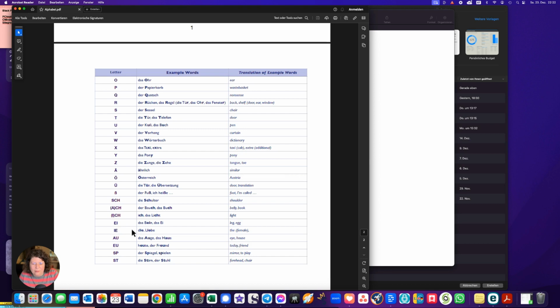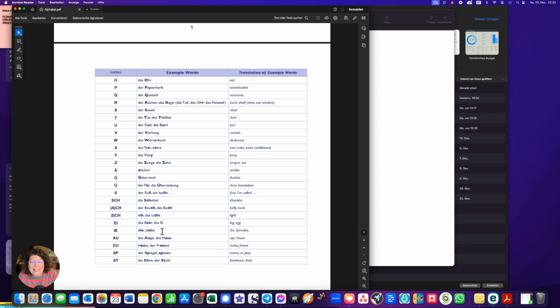IE, like in die oder Liebe. Die means the, and that's an article. So, it's a female article, so it's considered like to be a woman or like a woman. Die.